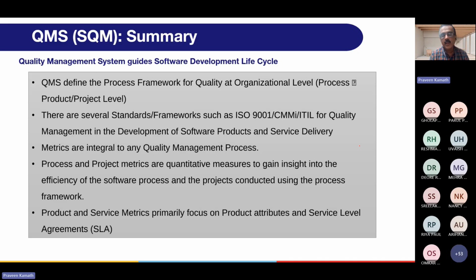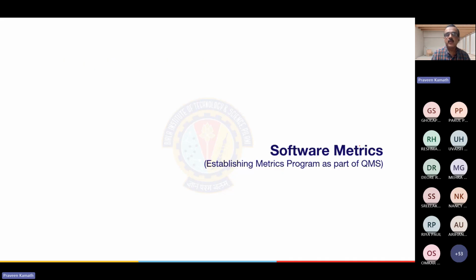Metrics are integral to any quality management process. Then process and project metrics are quantitative measures to gain insight into the efficiency of the software process and the projects conducted using the process framework. Then product and service metrics primarily focus on product attributes and service level agreements called SLAs.